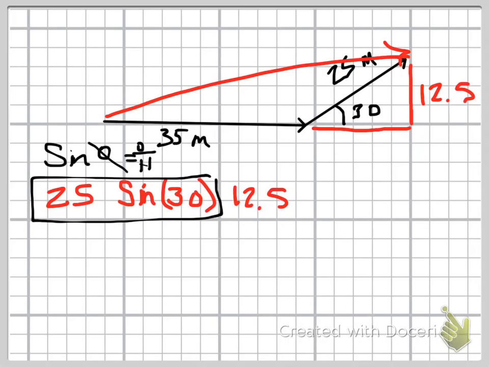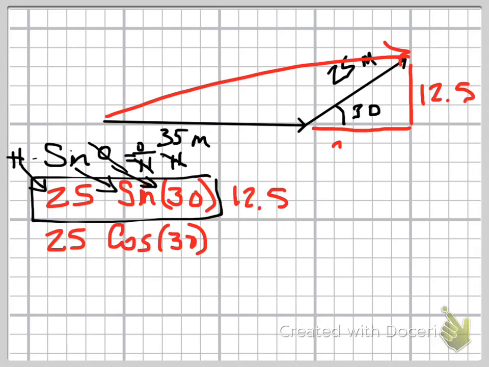So I multiplied both sides times the hypotenuse. That canceled out the hypotenuse on this side, leaving our formula: hypotenuse, which is 25, sine, and the angle. So I do the same thing for cosine in order to find the adjacent, because cosine equals adjacent over hypotenuse. So our answer is going to be 21.7 for the other side.